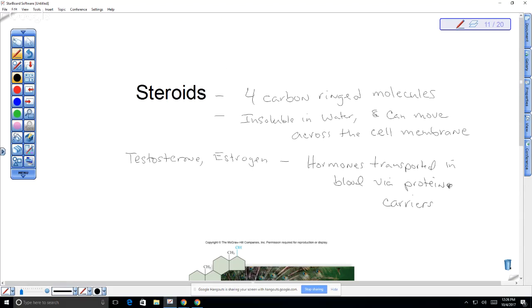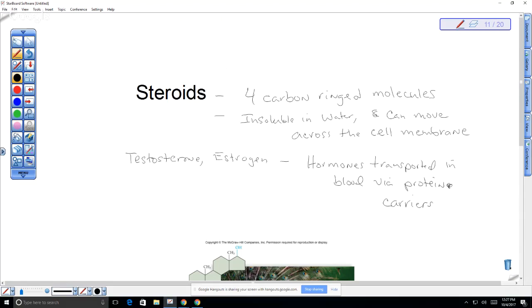They're not soluble in water, but they have to get where they need to go. And hormones, by definition, are transported in your circulatory system. Testosterone can be produced in the testes, but it can also be produced in the adrenal glands, and so can estrogen. So we get testosterone and estrogen from the ovaries and the testes, but also the adrenal glands.